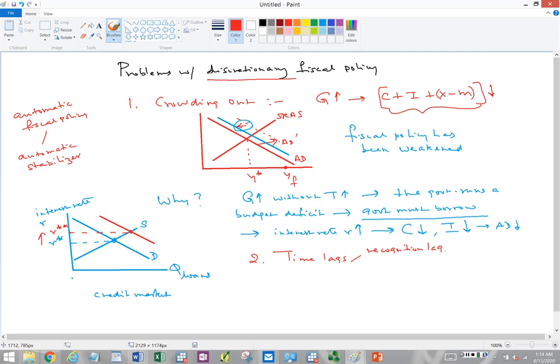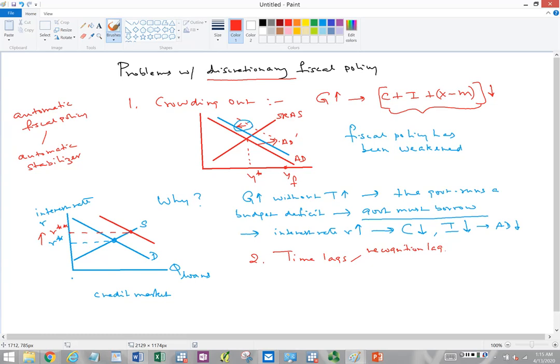What this is about is it takes the government time to figure out whether a recession has arrived. So let's say there's a recession brewing. It may take the government a while to realize this. And this is called the recognition time lag. So by the time the government gets its act together and tries to get fiscal policy to work, the recession may already be deep. Correct? So this is a recognition lag.